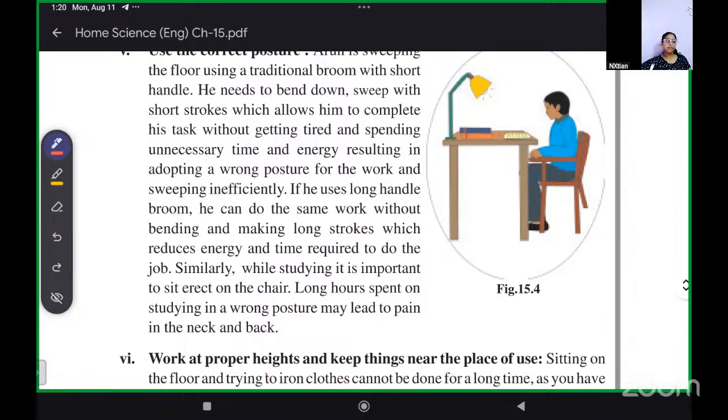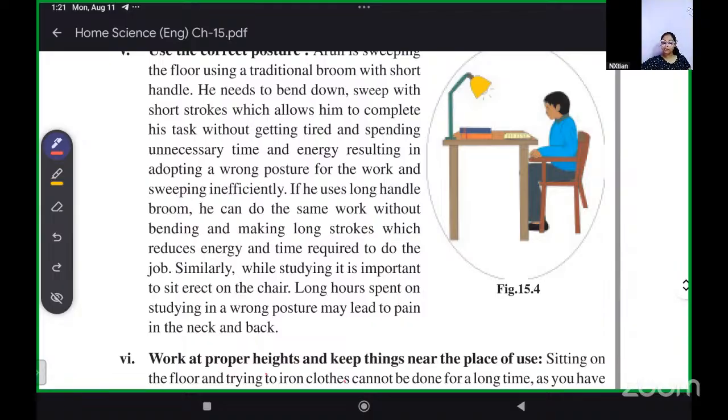Similarly, when we are sleeping, it must have happened with you too that if one night you slept in the wrong position, then the next morning your neck was paining, or it was strained, or sometimes the back. That happens because we slept in the wrong posture. When we sit in a wrong posture for a long time, the same thing happens. Correct posture is very important while doing tasks.